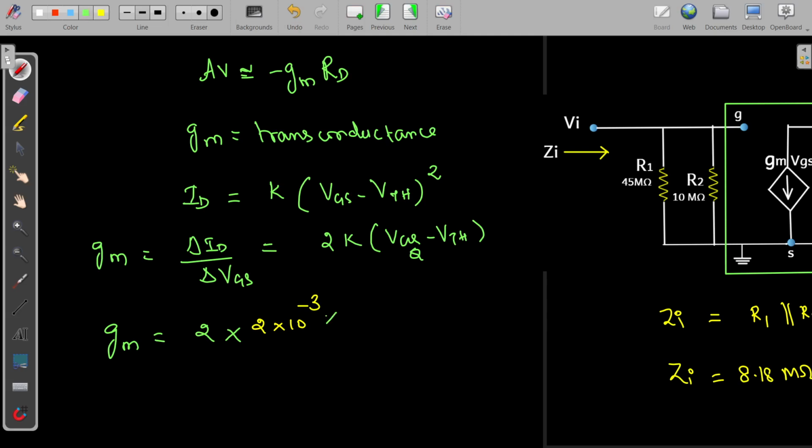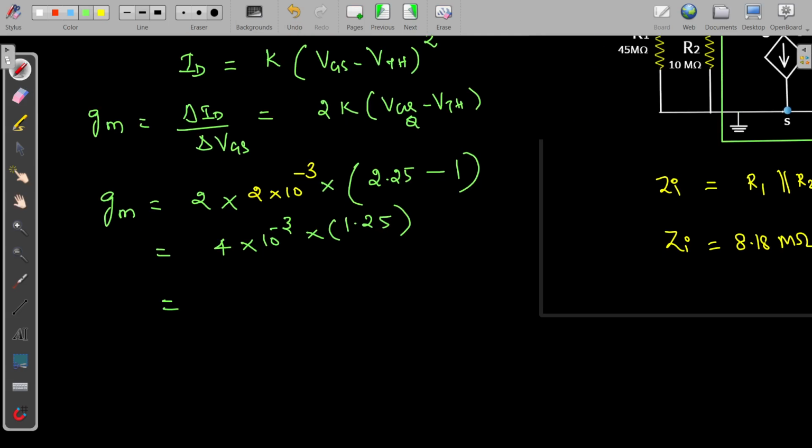That is multiplied by VGSQ, also calculated by us as 2.25 volts, minus VTH, given in the problem as 1 volt. So this is equal to 4 into 10 power minus 3 multiplied by 1.25. This value is equal to 5 into 10 power minus 3 Siemens. So gm is 5 millisiemens. This is the answer for gm.